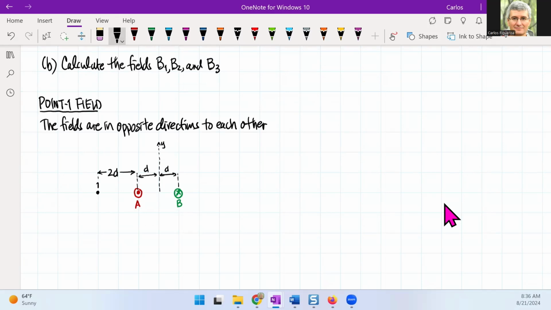So when I start to look at the superposition of this, we've already seen here that the magnetic field due to wire A is larger than the magnetic field due to wire B. And so we're going to have some net field that is going to look something like this.